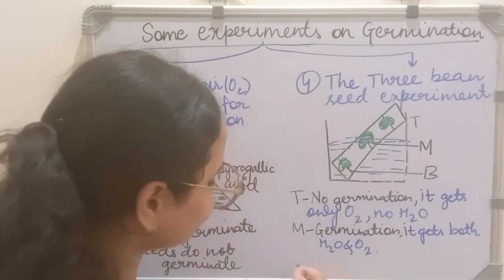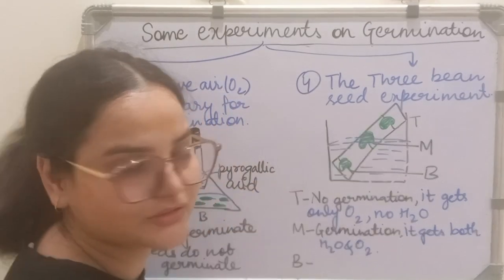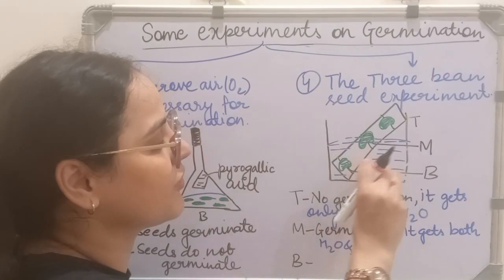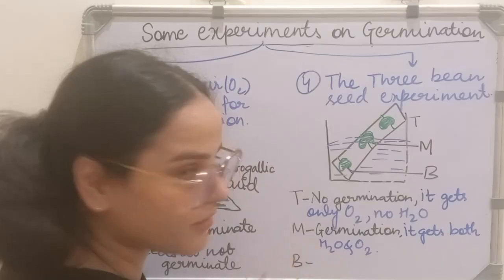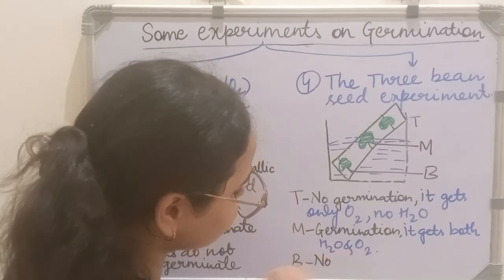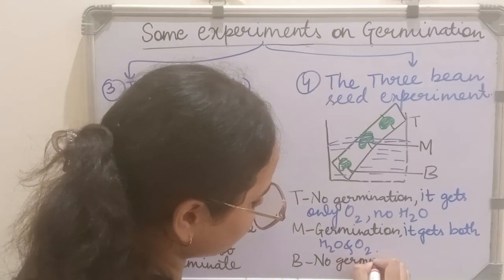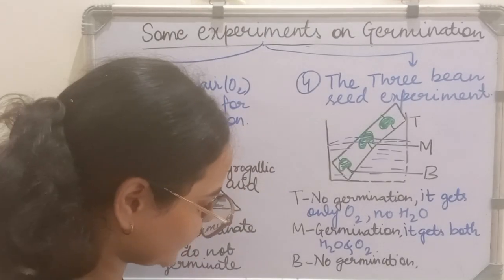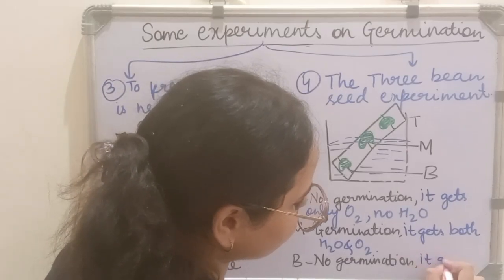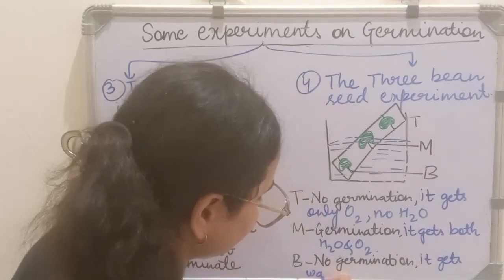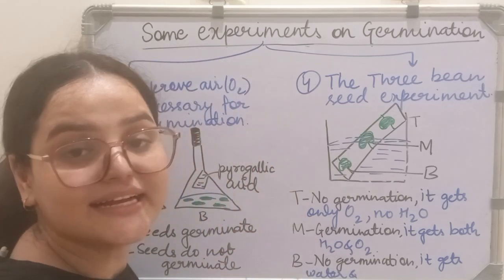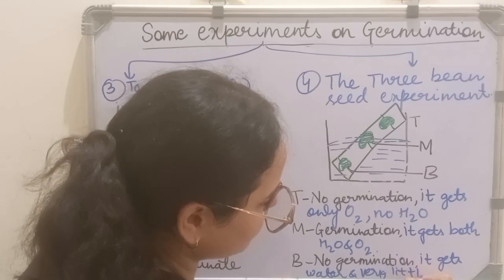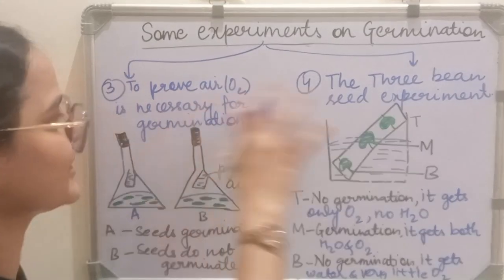Now the bottom seed does not germinate, or it germinates later on due to whatever little oxygen that was already dissolved in the water. So no germination, or germinates later you may say, because it gets water and very little oxygen. Okay, I hope the experiments are clear.